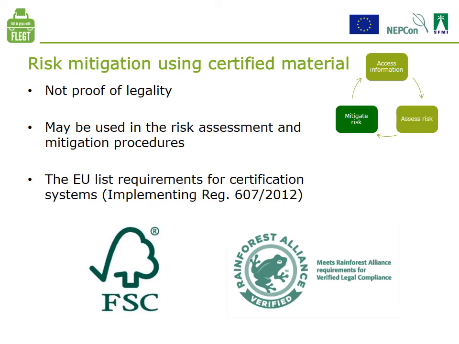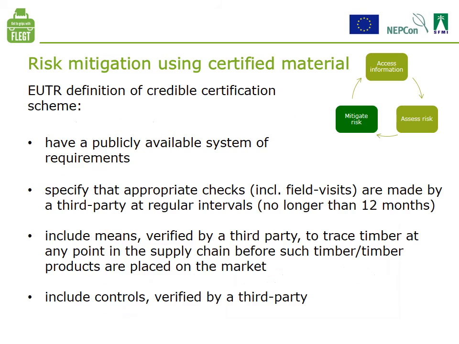What the EU has done is listed requirements for certification or other third-party verification systems that must be met in order to use them as part of the risk assessment and/or mitigation process. These are contained in a specific implementing regulation for the EU timber regulation.